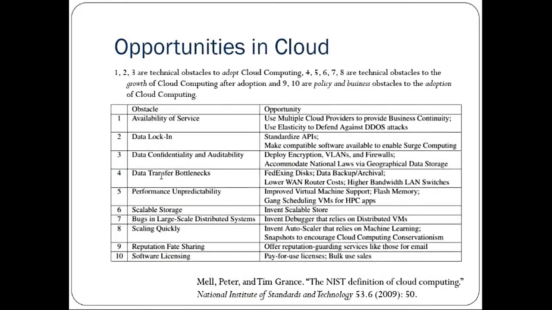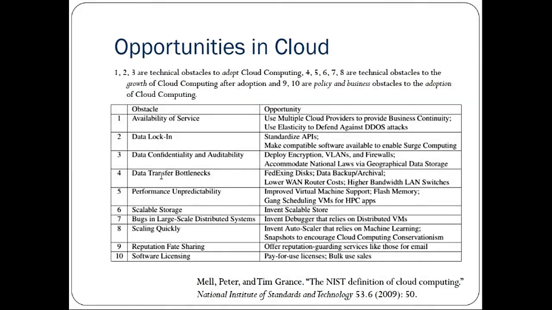We have already seen obstacles and opportunities. So there are 10 obstacles we had discussed, and according to that, we had discussed 10 opportunities on cloud computing. So the first three of them, availability of service, data lock-in, and data confidentiality and auditability, are actually technical obstacles.